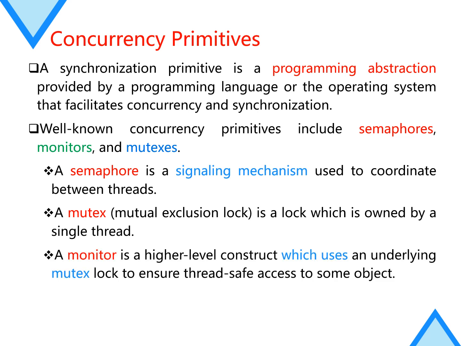A monitor is a high-level construct which uses an underlying mutex lock to ensure threads have safe access to some object. A monitor will use both the mutex object as well as the semaphore variable, and they will have a set of instructions, a set of code segments, to control safe access to shared resources in a multi-threading environment.